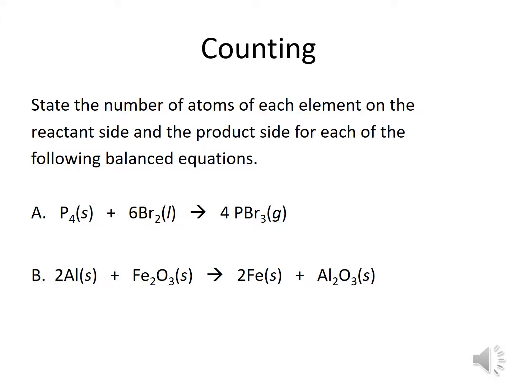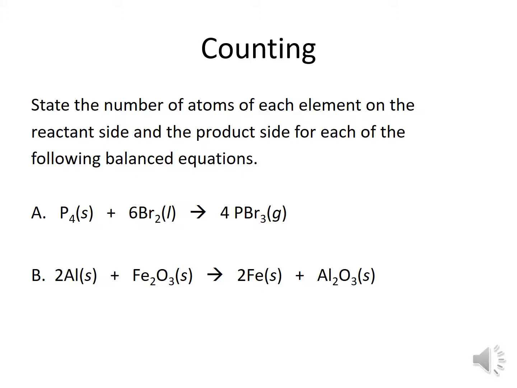A Br2 has 2 bromine atoms. If there are 6 of those, then that would be 12 bromine atoms. There's only 1 P in PBr3, so if I have 4 PBr3s, that's 4 phosphorus atoms. Br3 means there are 3 bromine atoms in a PBr3. So if I have 4 molecules of PBr3, that's a total of 12 bromine atoms.